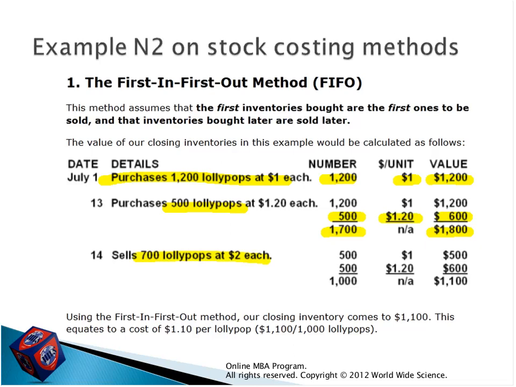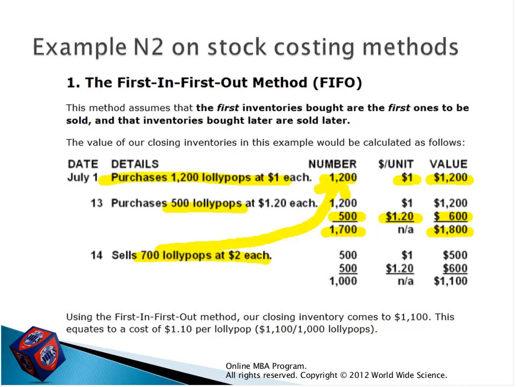So here, please take your attention. She sells 700. By the FIFO method, we must sell our inventories which came first. You remember, the first that comes is the first to be sold, right? That means these 700 lollipops will be taken from the inventories, from the first 1,200, right?